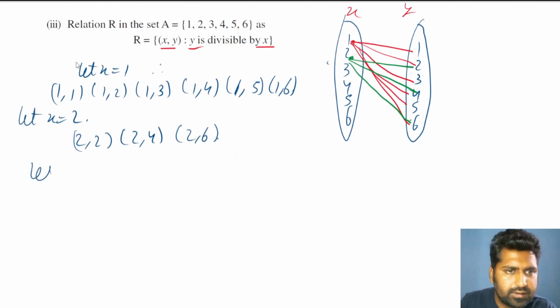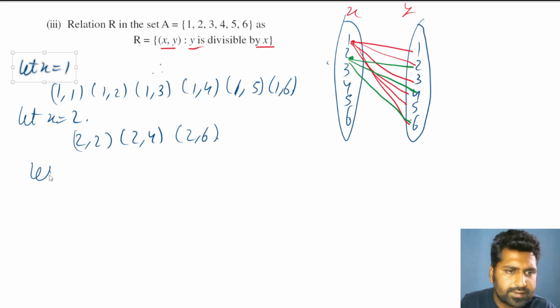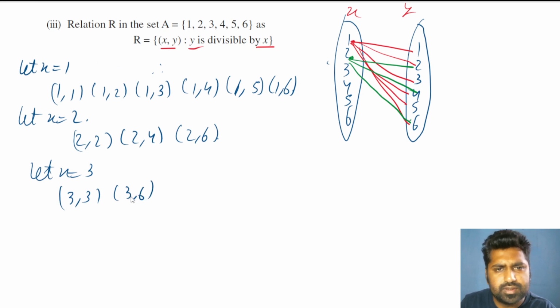Now if we take x as 3, which numbers are divisible by 3? 3 and 6. So 3 comma 3, 3 comma 6. Again, if I draw this, it will be very complex, so it's better to write like this.